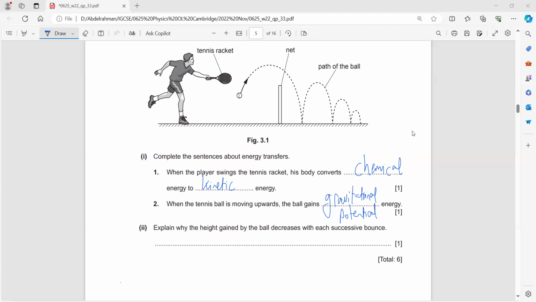Energy is transferred to the surroundings. Energy is lost to the environment, or energy is lost to the surroundings, or energy is transferred. Okay, nice.